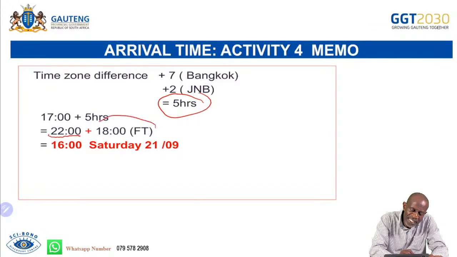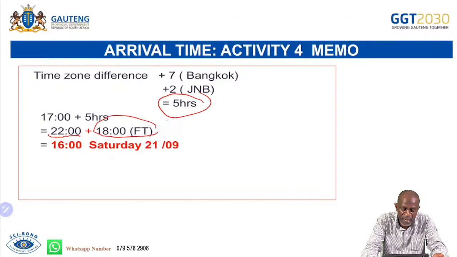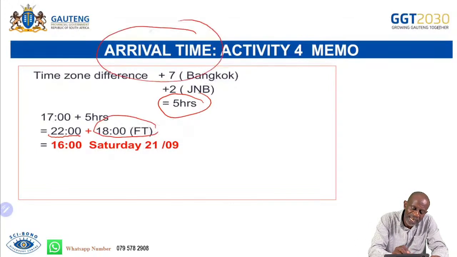Now, the flying time refers to the time spent in flight, the time of your journey. As you travel, you spend a particular time, and that time is added to determine your arrival time. So after establishing the difference in time between the two cities, you then add the time that was spent on the flight, which is referred to as the flying time, and that will give you the arrival time.